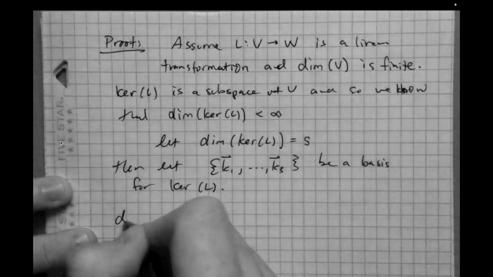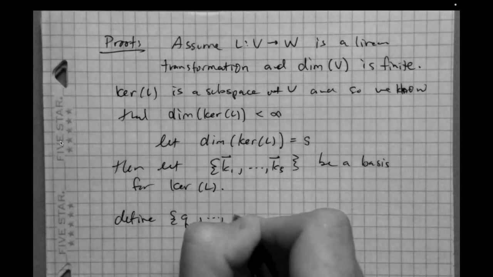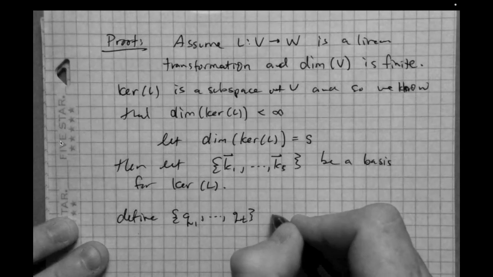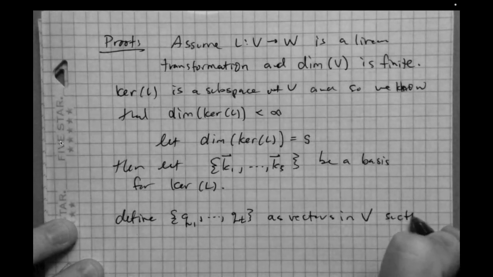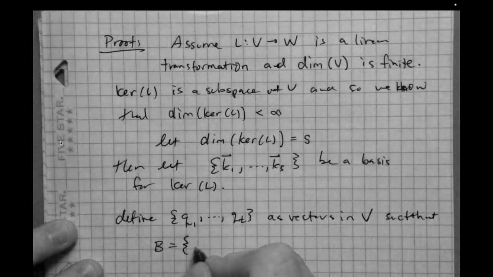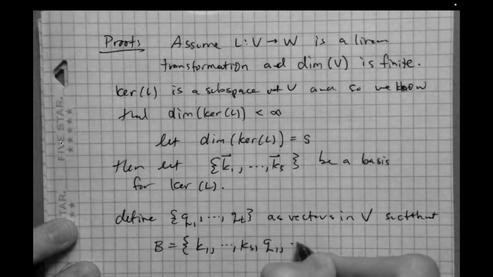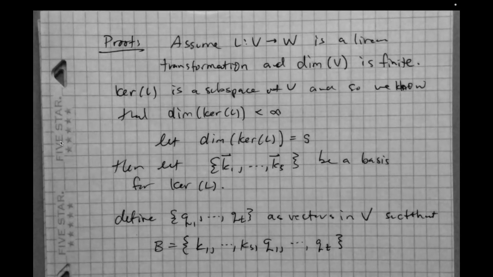Now let Q1 through Qt be vectors in V such that K1, dot dot dot, Ks, Q1, dot dot dot, Qt is a basis for V. This set, the S vectors that form the basis for the kernel together with the T vectors, is going to be a basis for V.